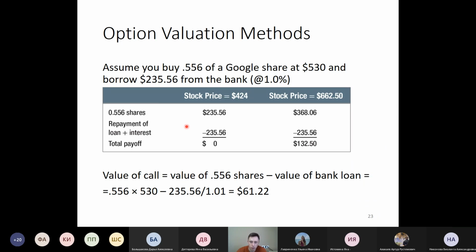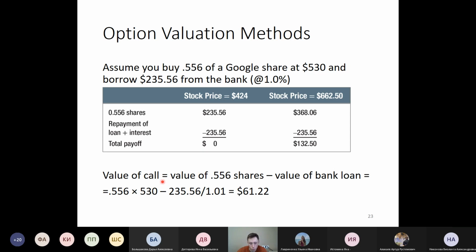And as we just discussed, we can replicate options with other assets. And what we can do, we can buy this option delta fraction of the shares at exercise price and borrow the rest of the money, 530, from the bank. This is what we do here. As we borrow, we have some obligation.